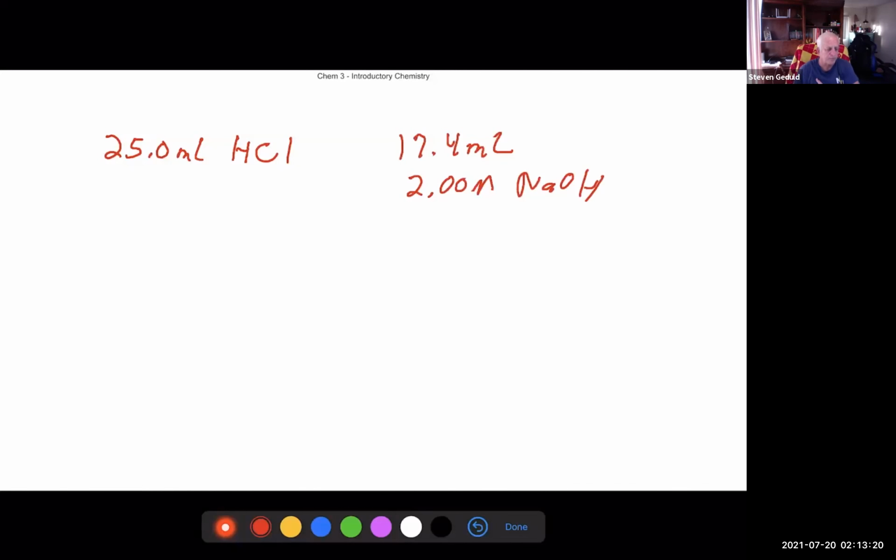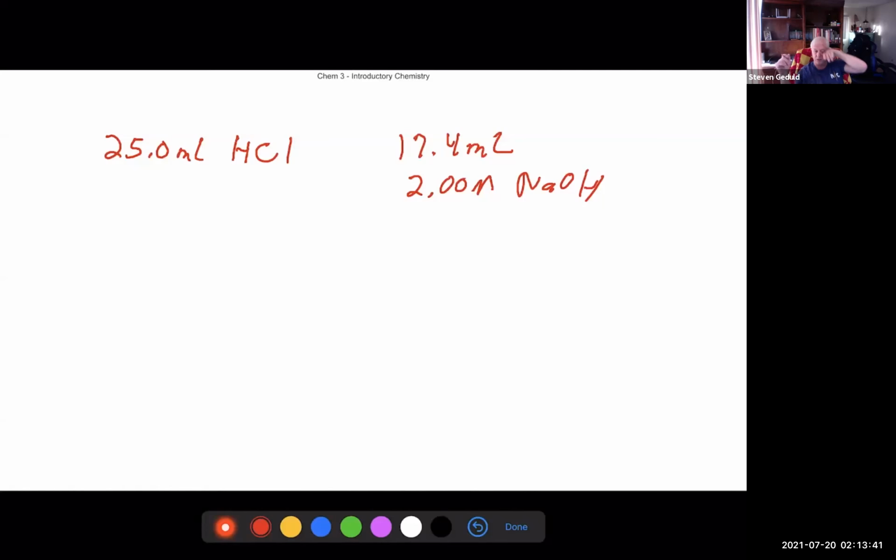So we started off with 25 milliliters of hydrochloric acid in a little bowl, and we dumped in drops of sodium hydroxide to neutralize it. And it took 17.4 milliliters to neutralize it. Okay, so it wants to know what is the concentration of the hydrochloric acid in our sample. How strong was it?